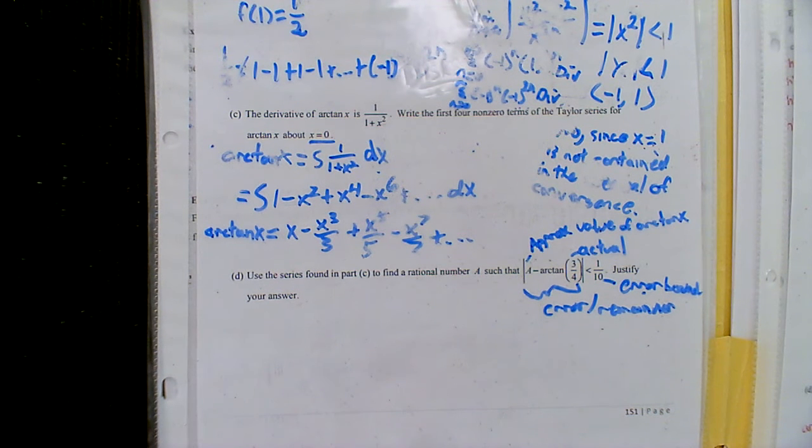It was like summation of... Wait, what is R then? That's your remainder or your error, yeah. Okay, so we took the remainder equals a sub n plus 1.